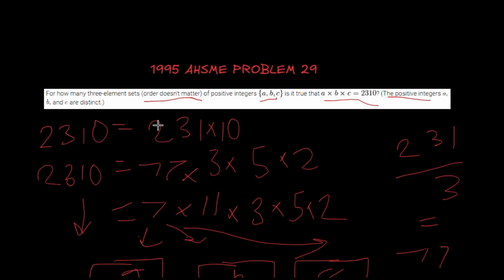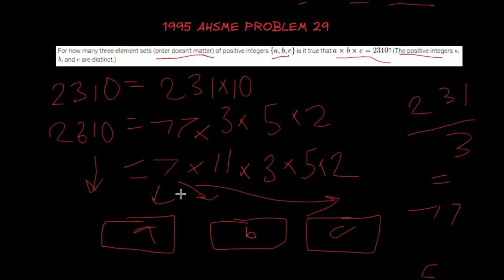We could have 1 in one slot and then numbers that multiply to 2310 in the others. That's not weird, because those numbers are all distinct. But what if we had 1, 1, and then 2310? You might ask how that's possible. It's because there's a situation where we put all the numbers into one box.